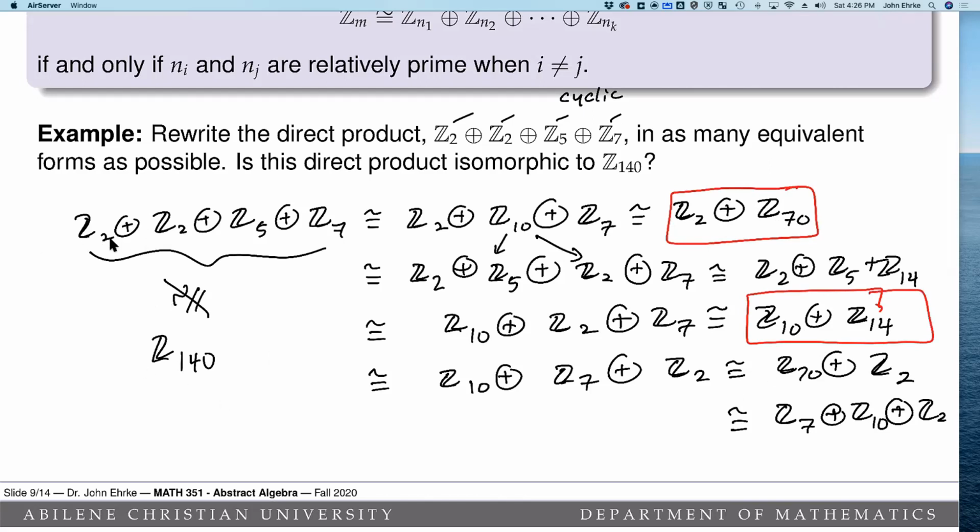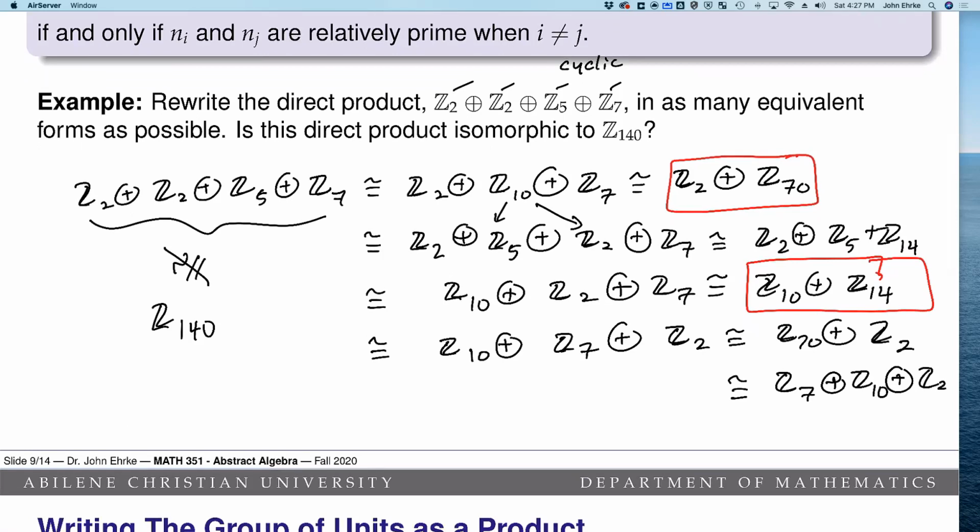repeated factor. Anytime the order of the group has a repeated factor, like 2 is a repeated factor in its prime factorization, I know that I can't fully decompose it into its prime factors like this. So Z140 would not have this direct product representation.